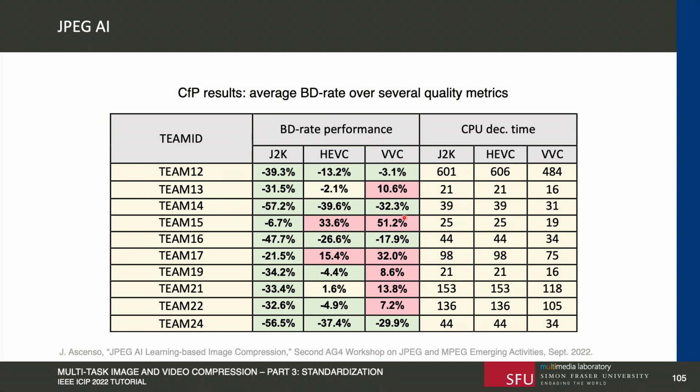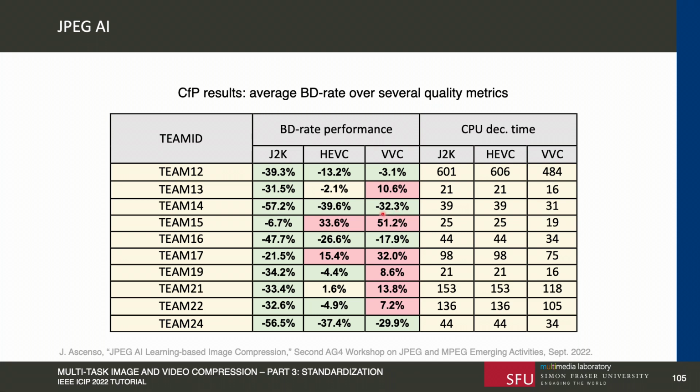And in fact, several of them had about 30% BD rate gain over VVC Intra. So that's quite encouraging. Having learning-based techniques have this much advantage over VVC Intra, which is the current state-of-the-art handcrafted image codec, under highly controlled conditions.